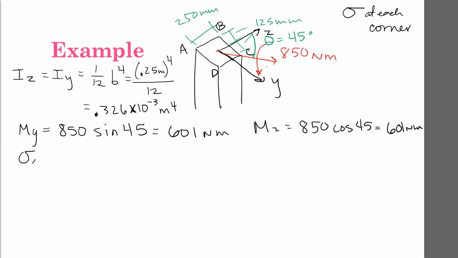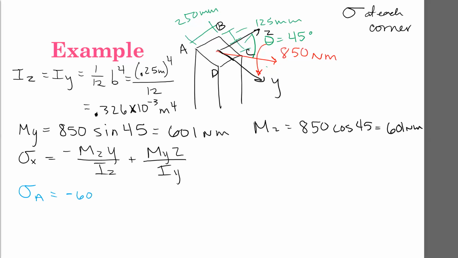Now our stress in the x direction, which in this case is the kind of vertical direction, is going to be negative Mz times y over Iz plus My times z over Iy. All right, so if we're looking at point A, we have the moment about the z-axis, negative 850, no, that should be 601.